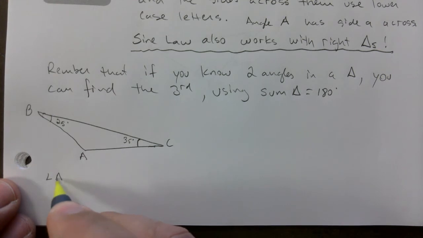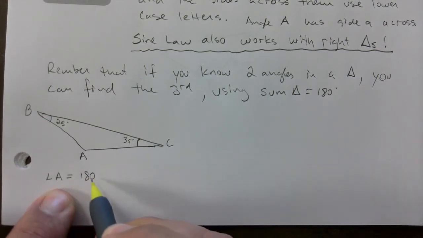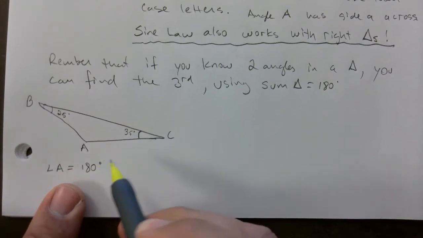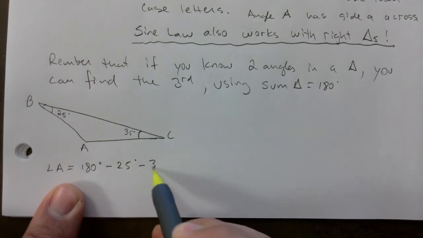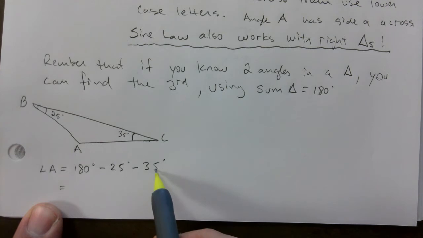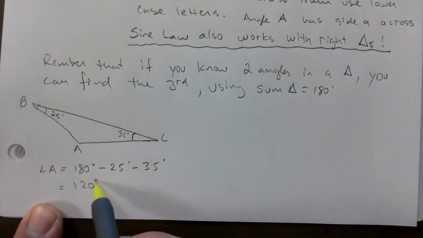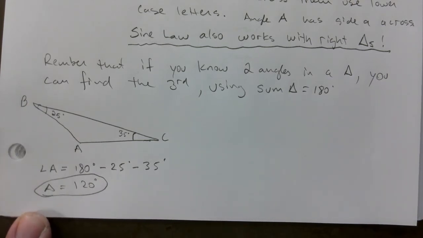Angle A will be equal to 180. This is how you show the work, right? You have 180 degrees for all three. So let's just subtract 25 and subtract 35 from 180, and 25 and 35 is 60, right? So that means that angle A is going to be 120 degrees, right? Just as simple as that. A lot of students forget that, and I don't want that to happen. Okay?